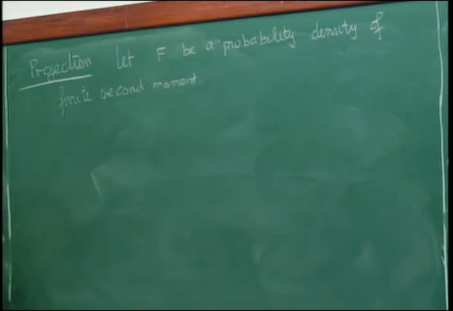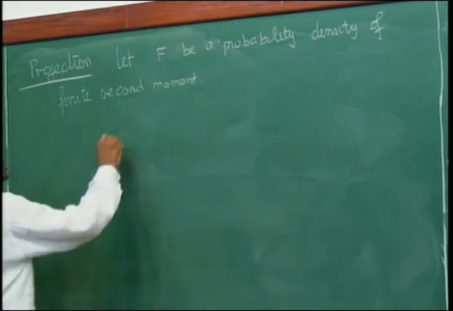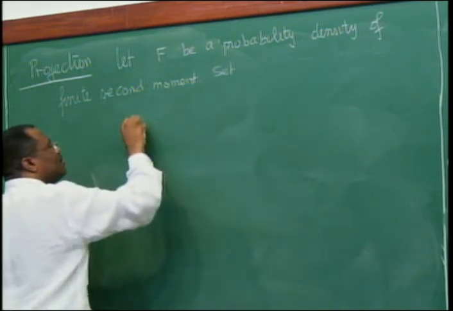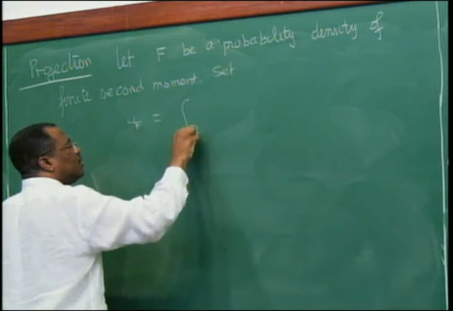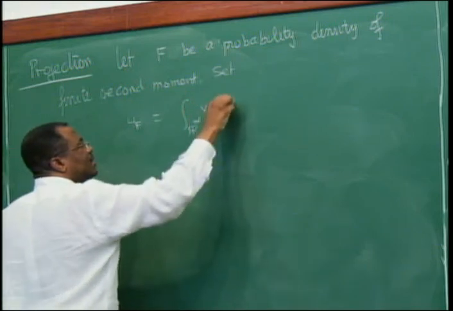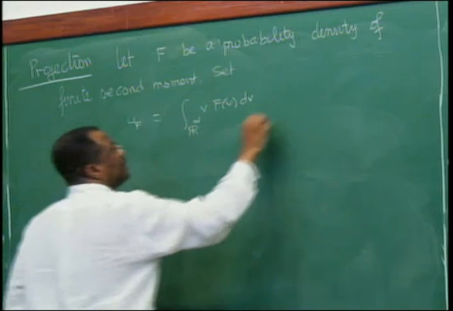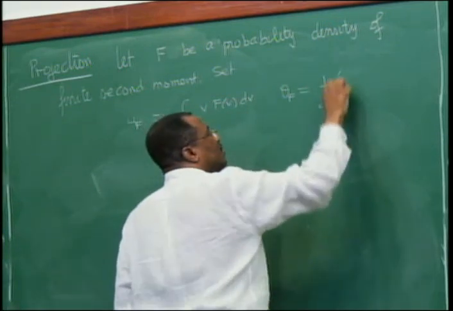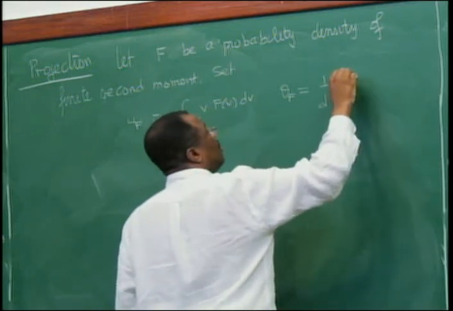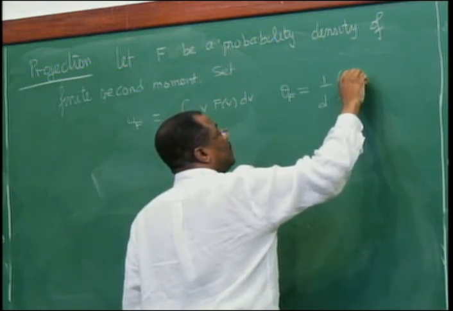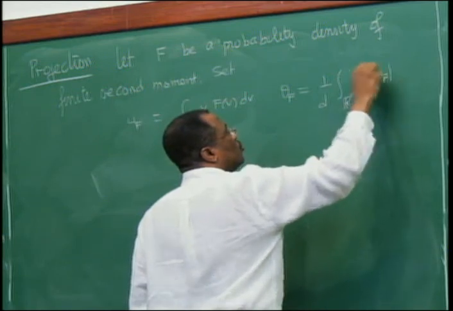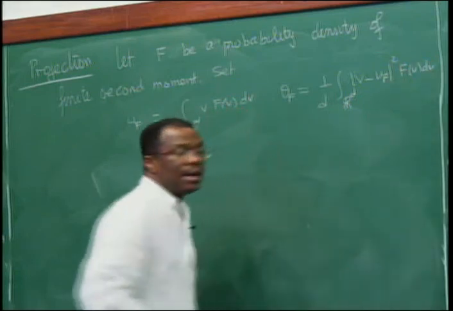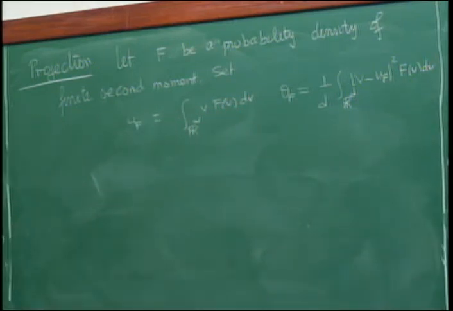So I compute UF, set UF to be the integral of V F(V) dV, and theta F, recall that it is 1 over D, the integral over R^D of alpha, V minus UF squared, F of V dV. I recall the definition of UF and theta F.